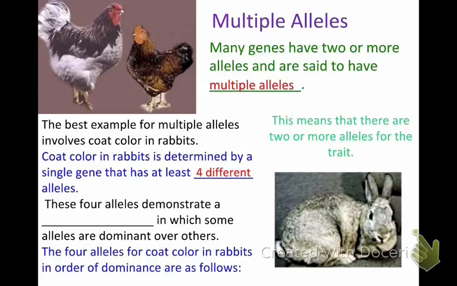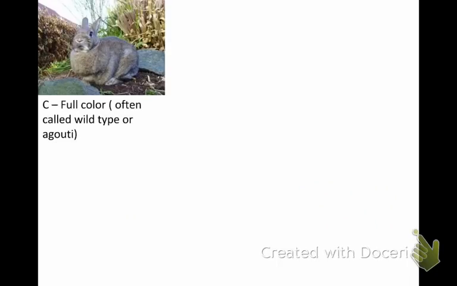These 4 alleles demonstrate a dominance hierarchy. So the 4 alleles for coat color in rabbits in order of dominance are as follows. You guys ready? C is full color.